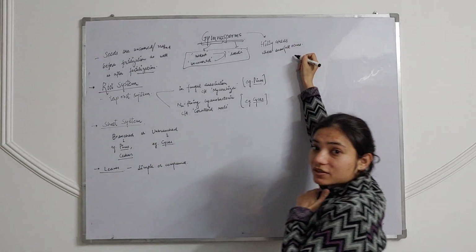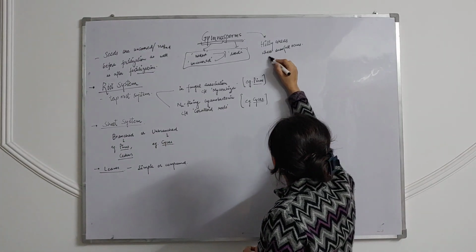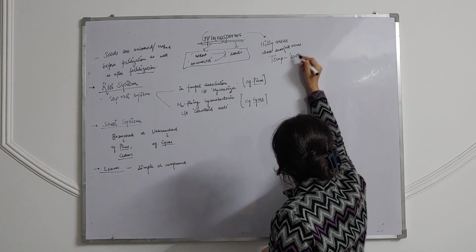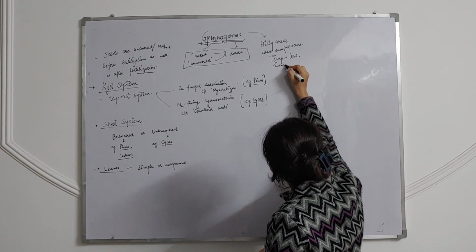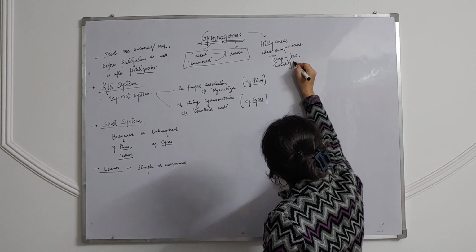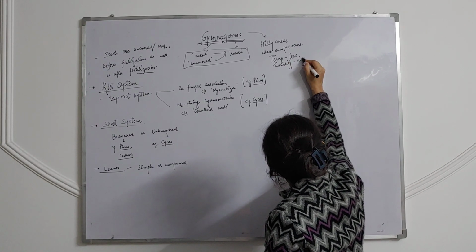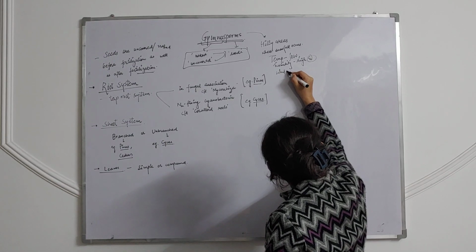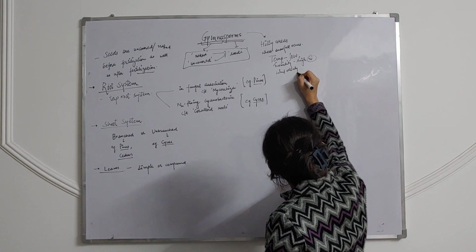So the temperature is very low, humidity is high, and wind velocity is also high.